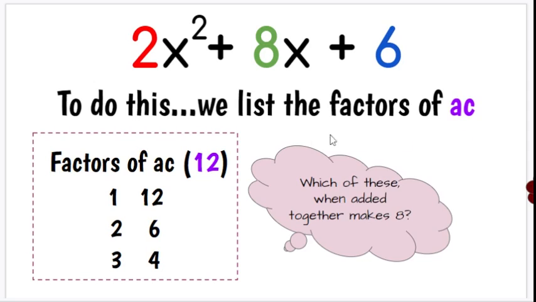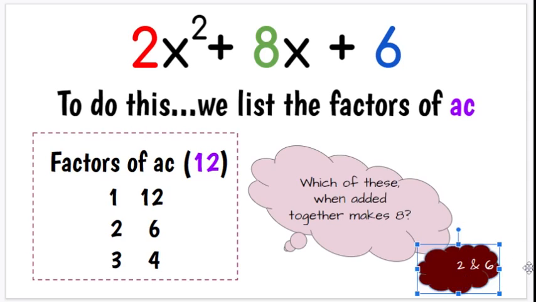So out of these, we now need to discuss which ones, when you add them together, give you the number here, which ones, when you add them together, make B or make 8. The two that when you add them together make B or make 8 are 2 and 6. 2 plus 6 will give you the 8, and 2 times 6 will give you the 12 that we need.